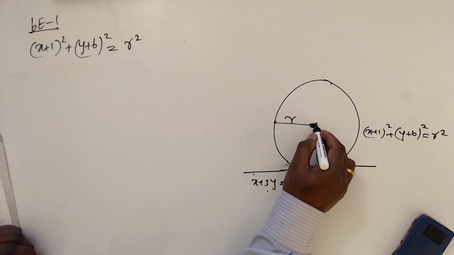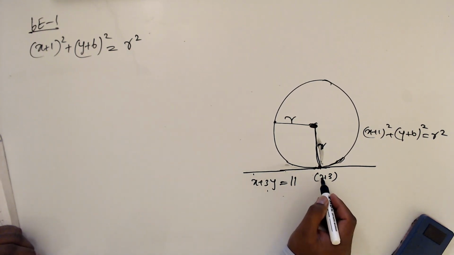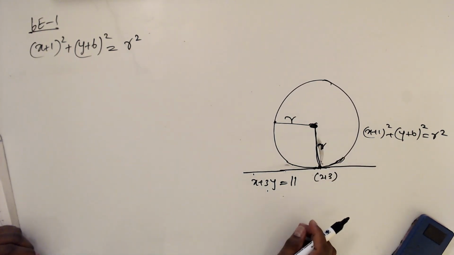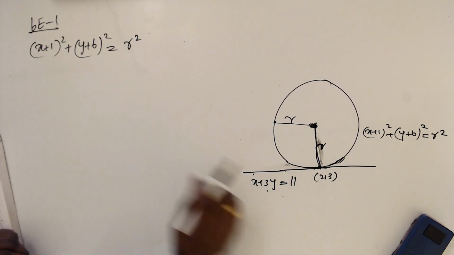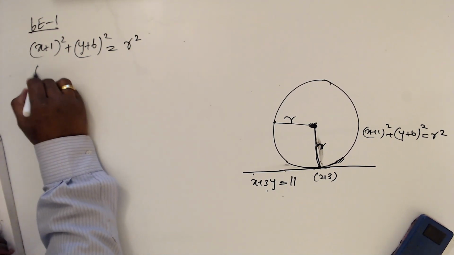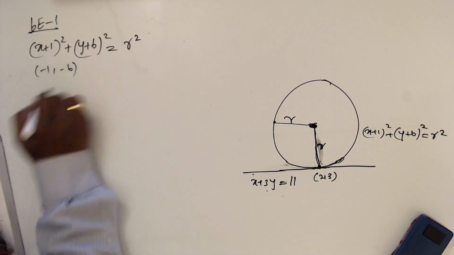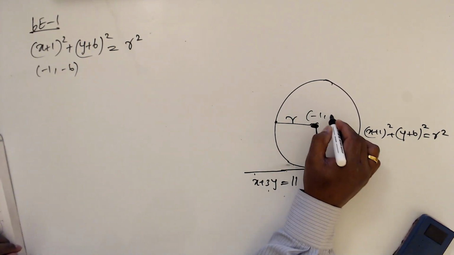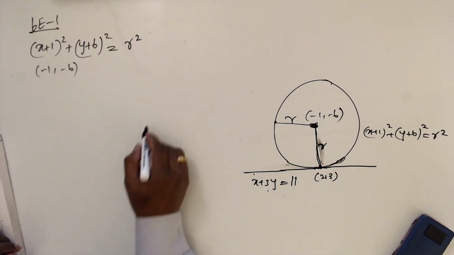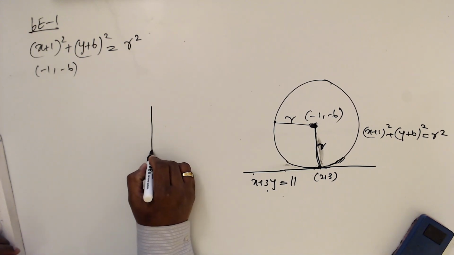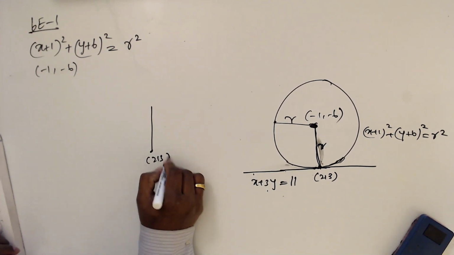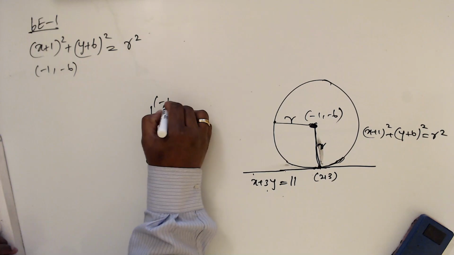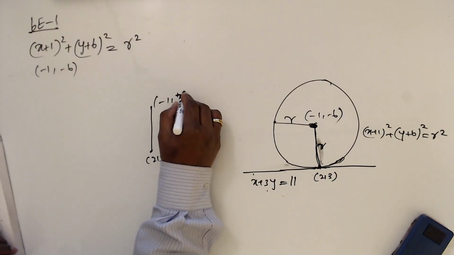If I know this center, then I know this point, then I can find the distance. So what is the center coordinate? (-1, -6). Now I have a piece like this. This is (2, 3), and this is (-1, -6).